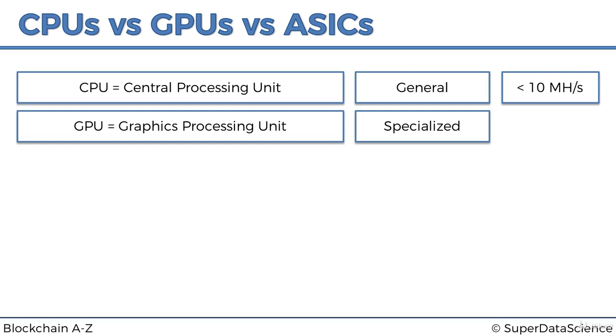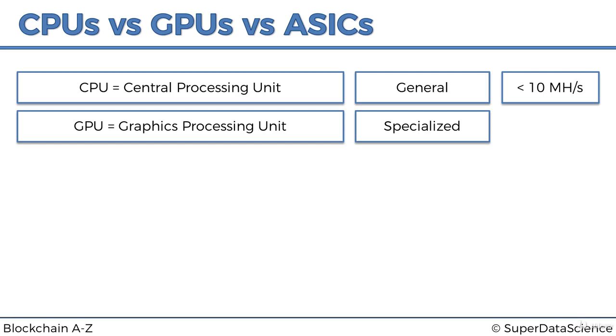Matrix operations are required in order for videos to work, for graphics to appear on our screens, and so on. That is what the GPU is specifically tailored for: matrix multiplications and other matrix operations. And that specialization is already a benefit for the hash calculation as well.